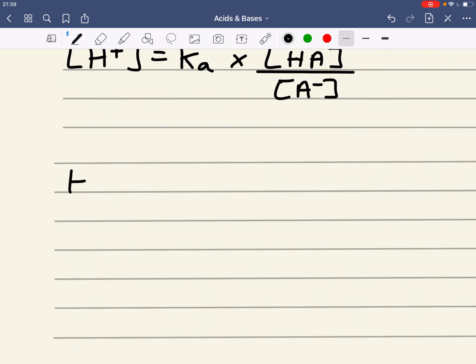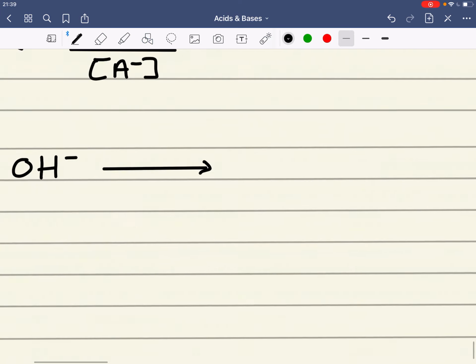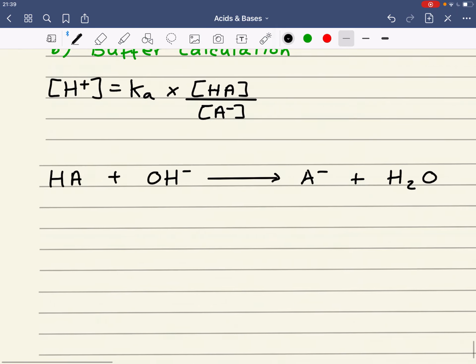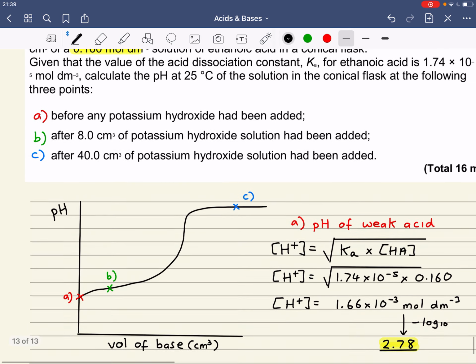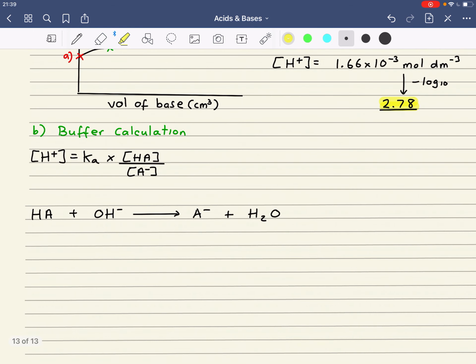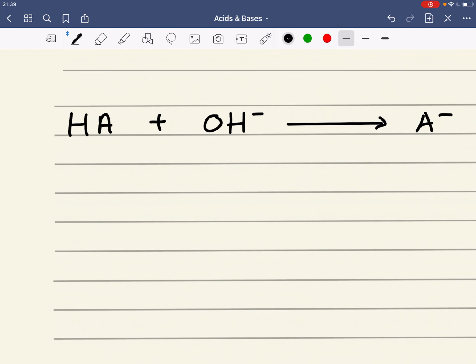Now what we've got is my HA reacting with my hydroxide ions to form A minus plus H2O. And I started with 25 cm³ of a 0.16 mole per decimetre cubed solution of ethanoic acid. So from this we can work out the moles of my HA, and you should get 4 times 10 to the minus 3 moles.